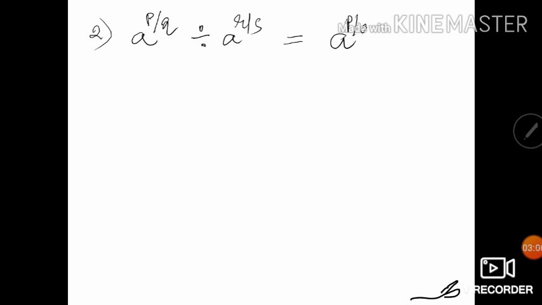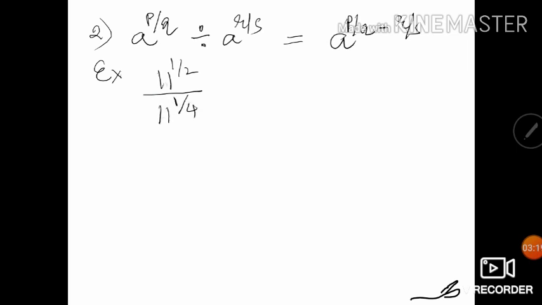The second law will be a to the power p upon q divided by a to the power r upon s. This can be written as a to the power p upon q minus r upon s. Example, 11 to the power half divided by 11 to the power 1 on 4.